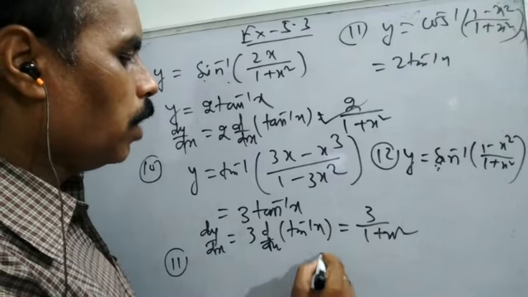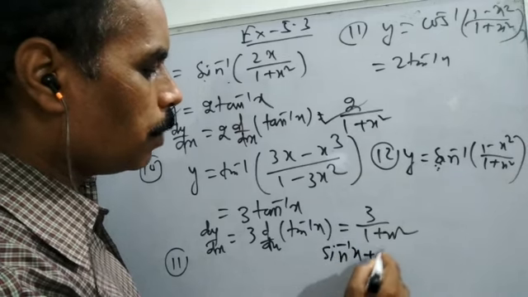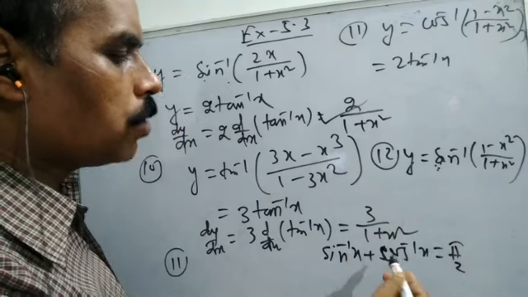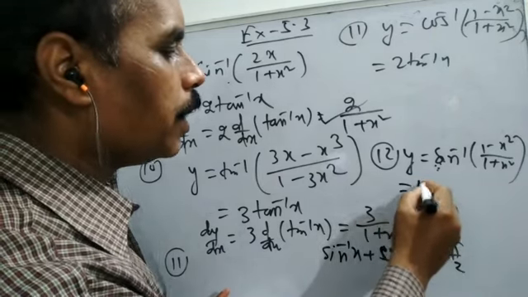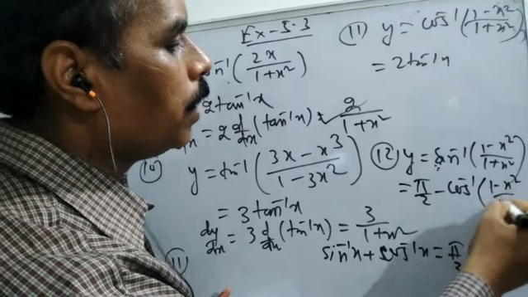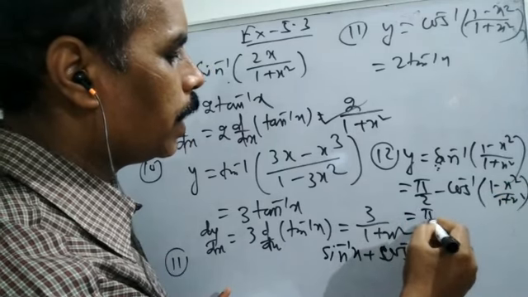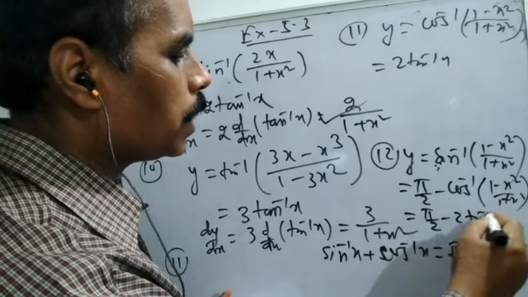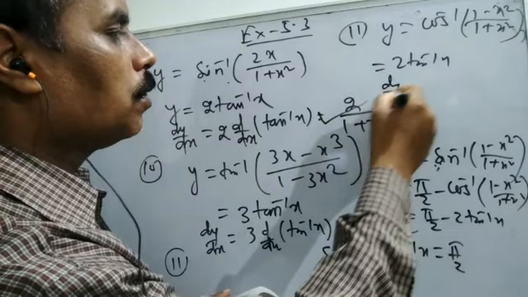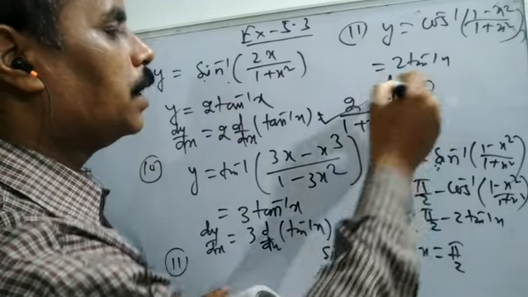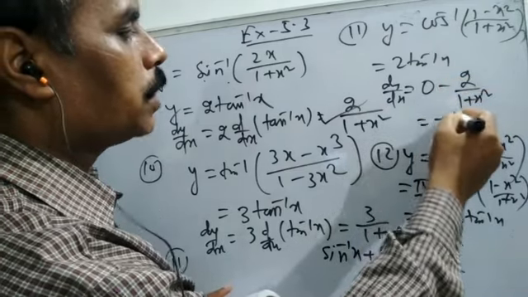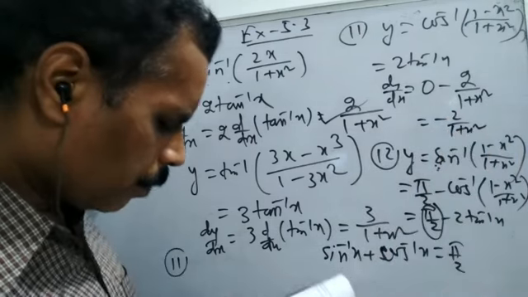So I will use the inverse trigonometry formula: sin inverse x plus cos inverse x is equal to pi by 2. So sin inverse x is equal to pi by 2 minus cos inverse x. So I can write pi by 2 minus cos inverse of 1 minus x square by 1 plus x square. In this place, I can easily write pi by 2 minus 2 tan inverse x. Then find the derivative: dy by dx is equal to the derivative of pi by 2, which is 0, minus the derivative of 2 tan inverse x, which is 2 by 1 plus x square. So the answer will be minus 2 by 1 plus x square.